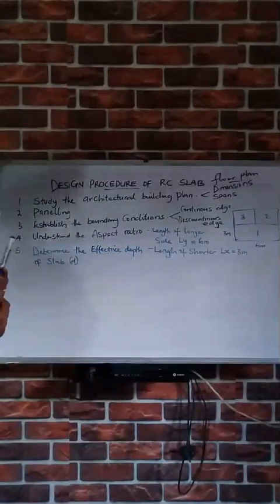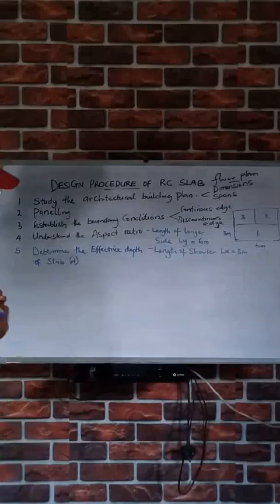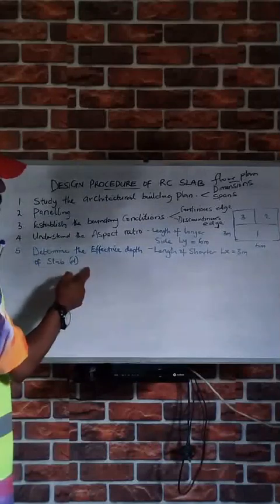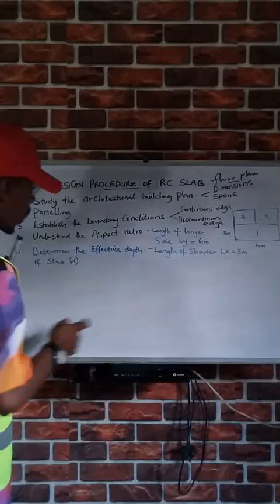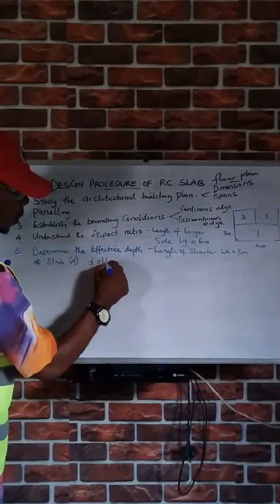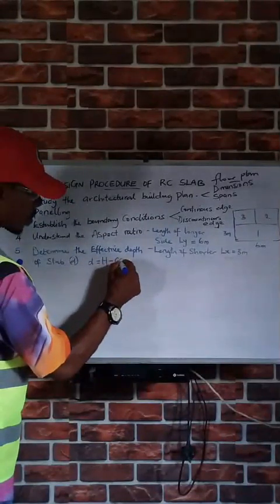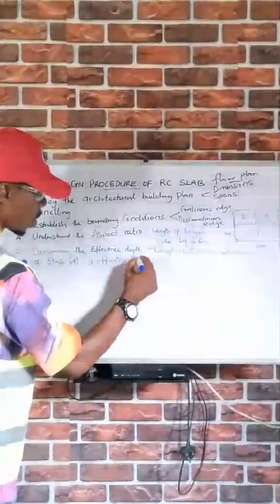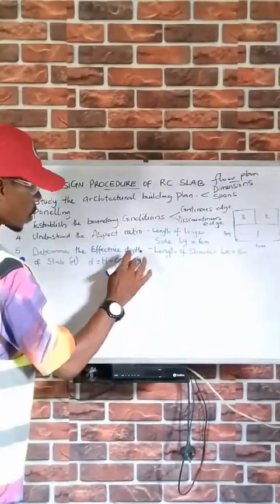Now, for you to calculate the effective depth of slab, it means that you have your d equal to h minus c minus phi over 2.